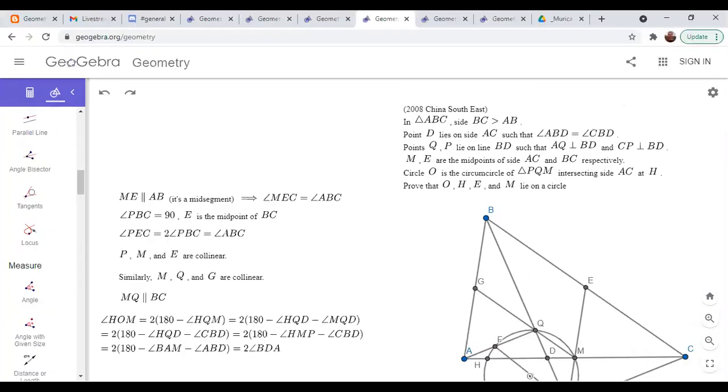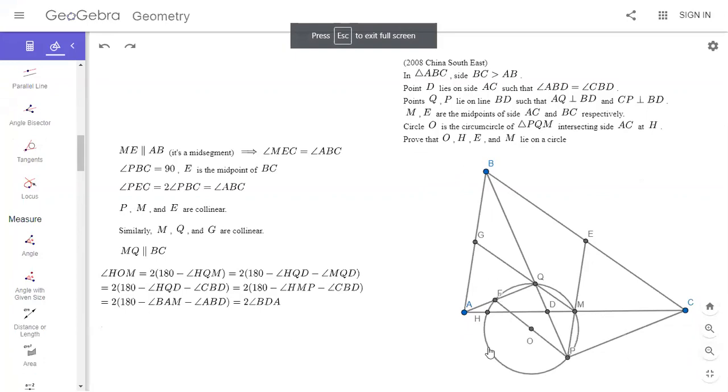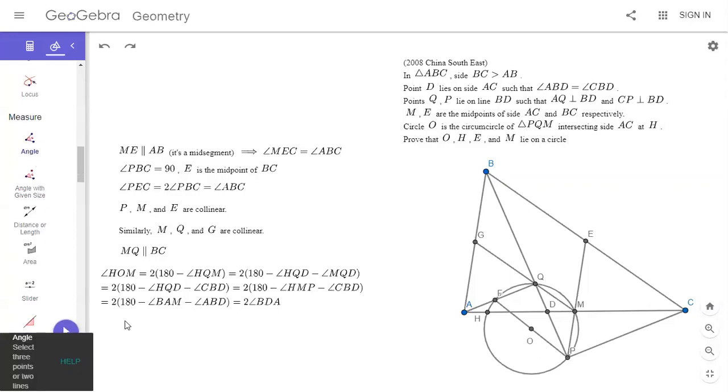I was wondering if we could do the proof avoiding that BH is perpendicular to AC, but I'm not sure now. So is it obvious that BH is perpendicular to AC, or do we need an angle chase or something? Yes, BH is perpendicular to AC.